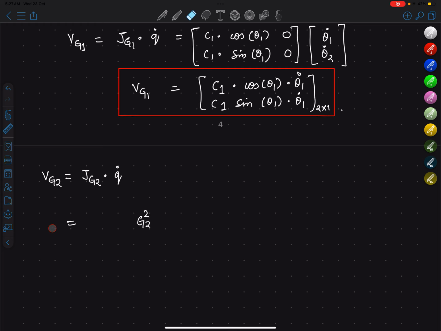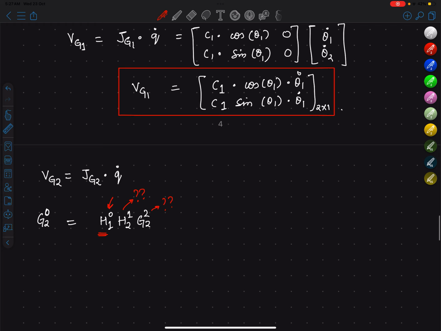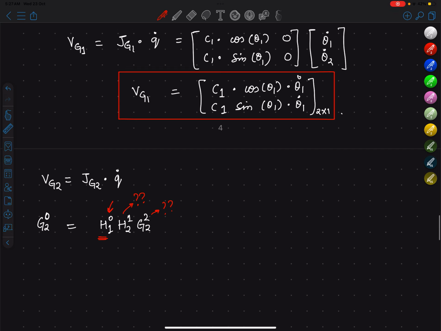Let's first write the coordinates of g2 in frame 0. G20 is H2 with respect to 1 and H1 with respect to 0. We already know this homogeneous transformation matrix, so we'll copy that from the top. We have to first find these, so let's try to write that. I'll copy the diagram from the top.